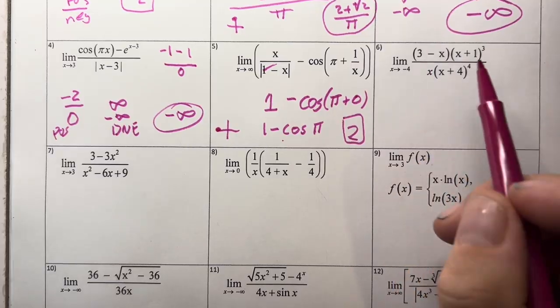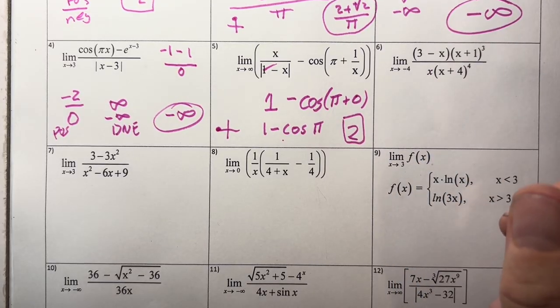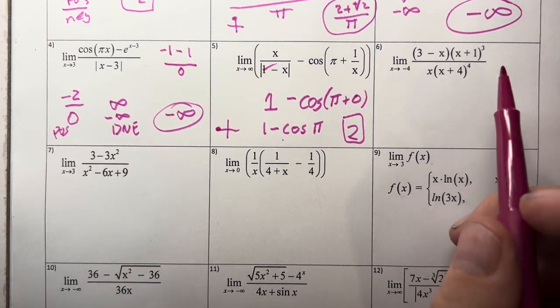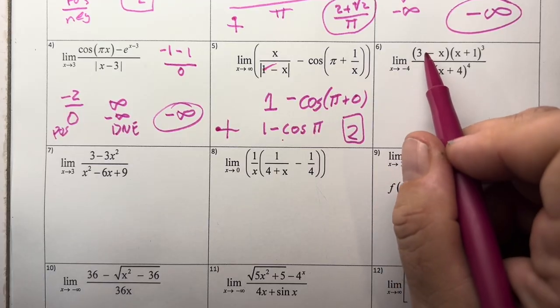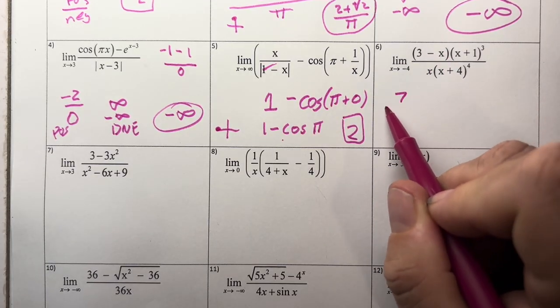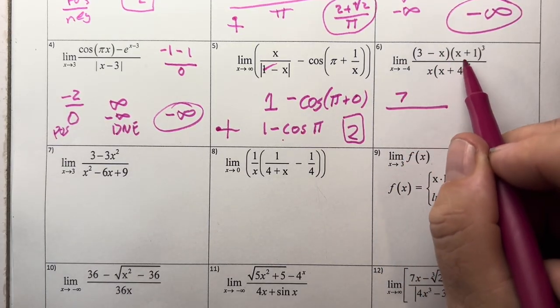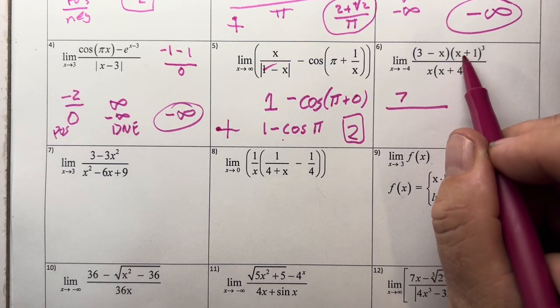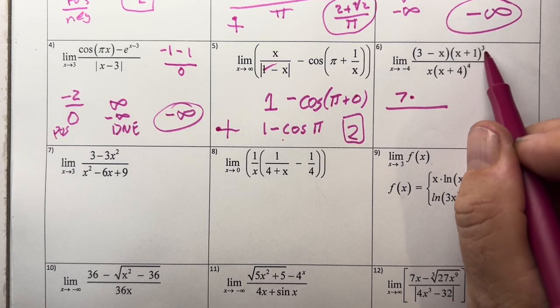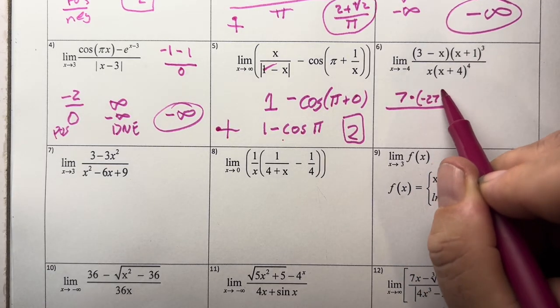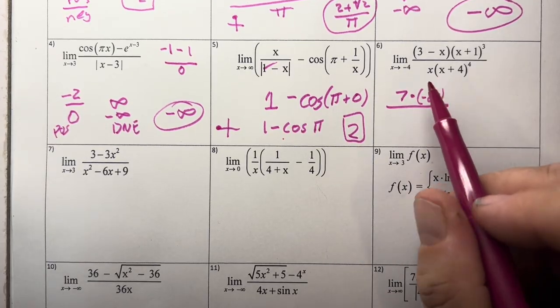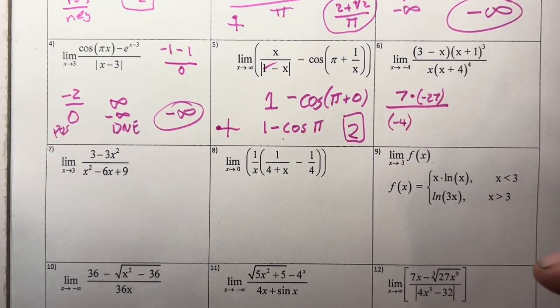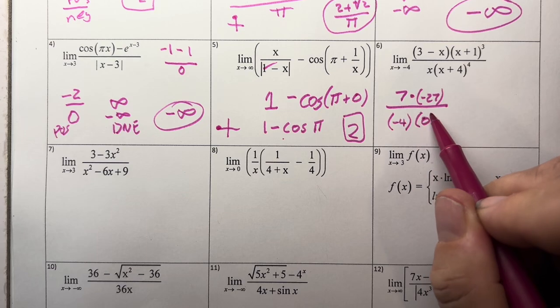All right, lots of stuff here. I bet you it's in factored form. That's awesome. We'd like it that way. 3 minus a negative 4, that's 7. Negative 4 plus 1 is negative 3, to the third is negative 27. Don't multiply it out. Here we have negative 4, and down here we have 0.